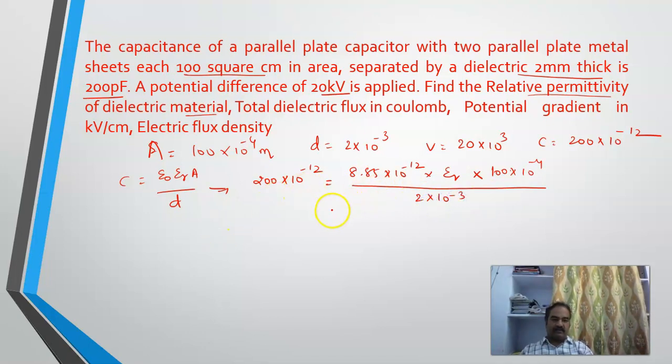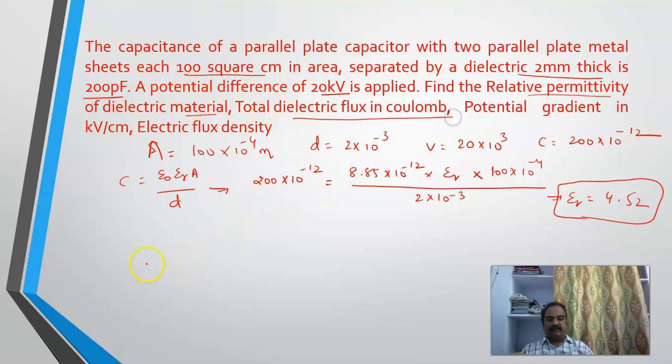So what is epsilon R from here? If I calculate, it is 4.5. So the first problem is solved.